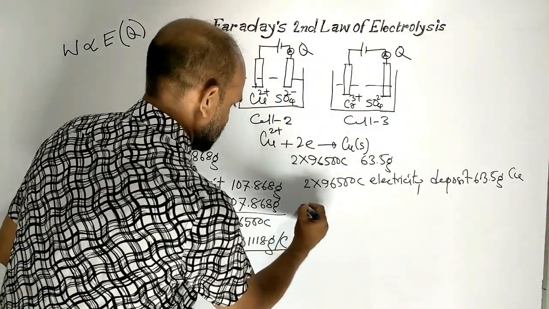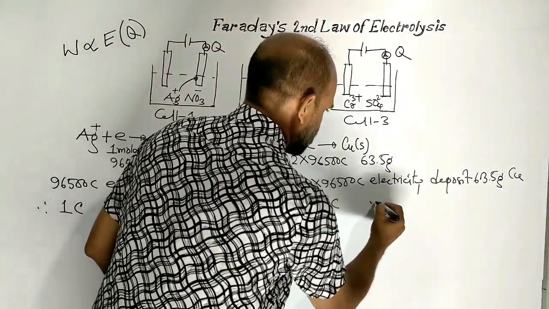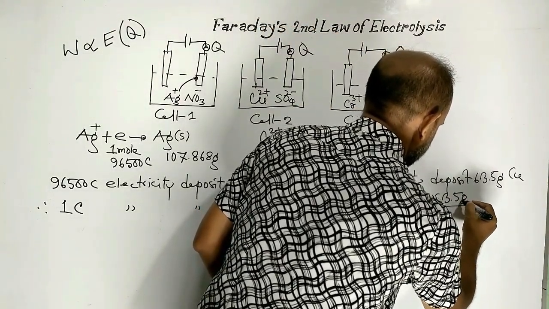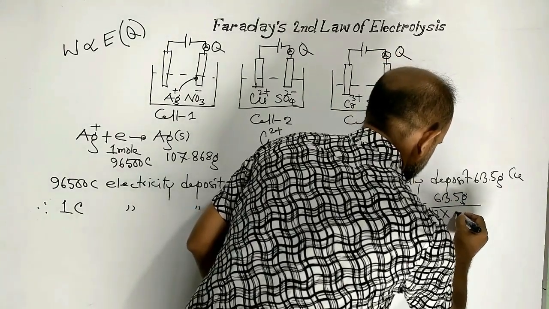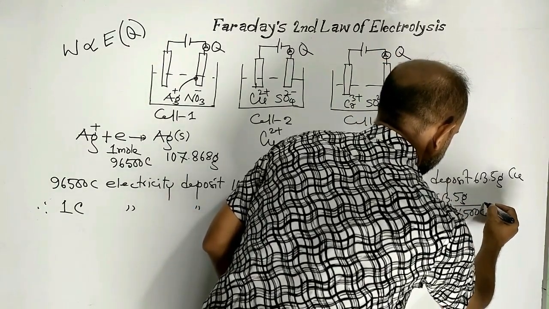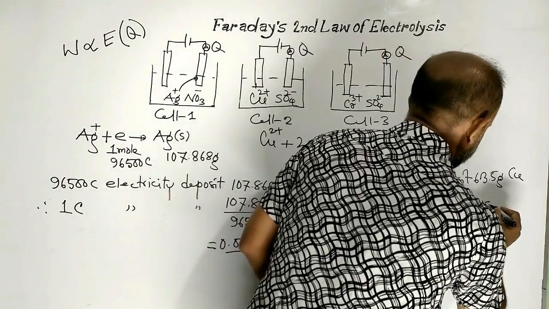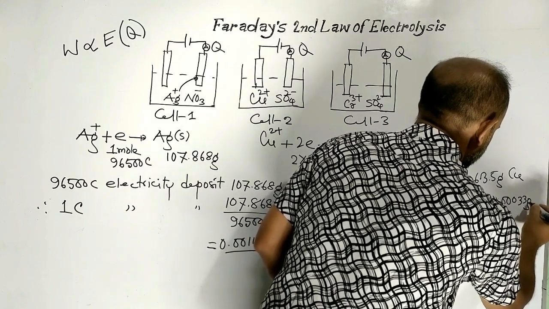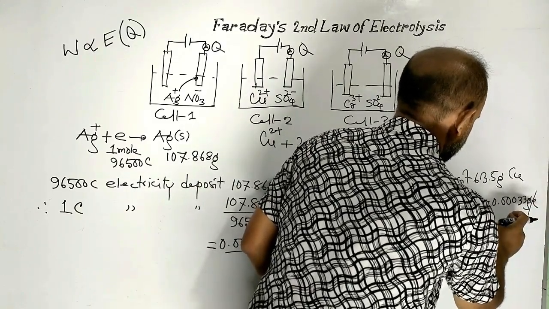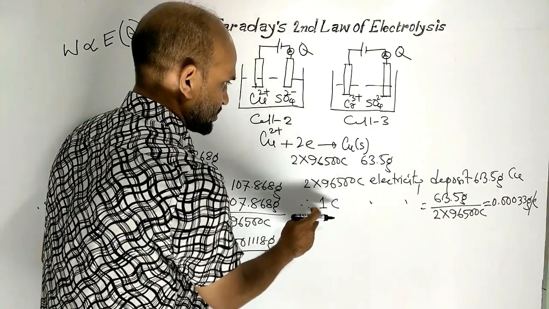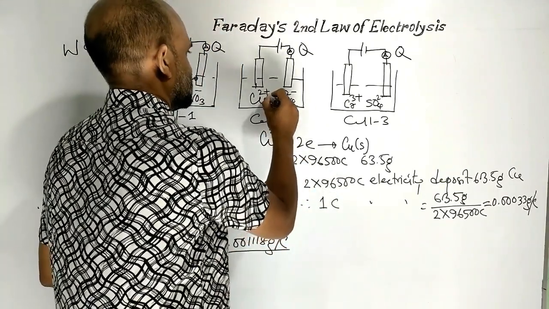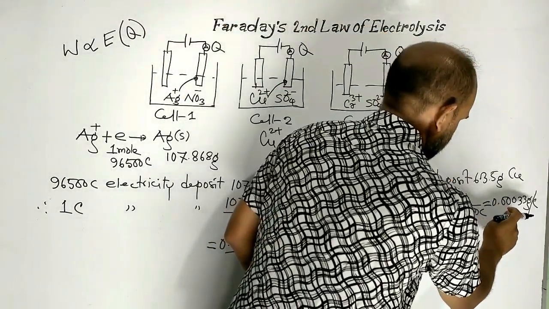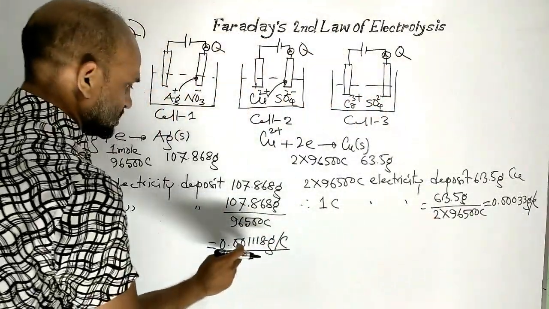Then 1 coulomb of electricity deposits 63.5 gram divided by 96,500 coulomb. This is equal to 0.00033 gram per coulomb. Here, for passing 1 coulomb of electricity, the amount of copper deposited on the surface of the cathode is this, which is less than silver.